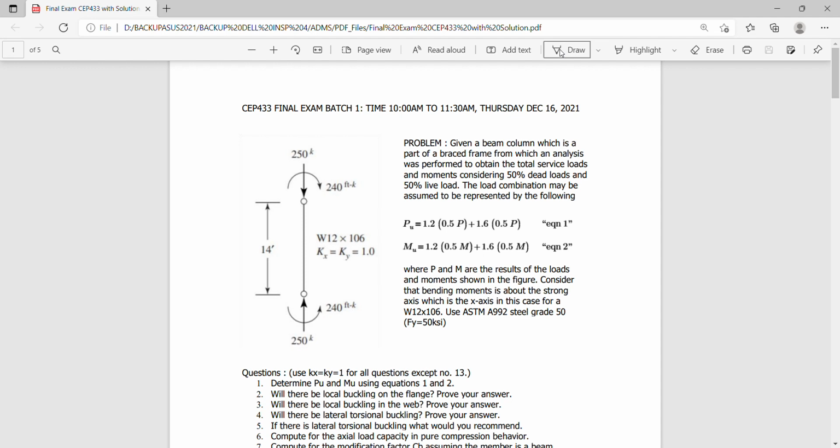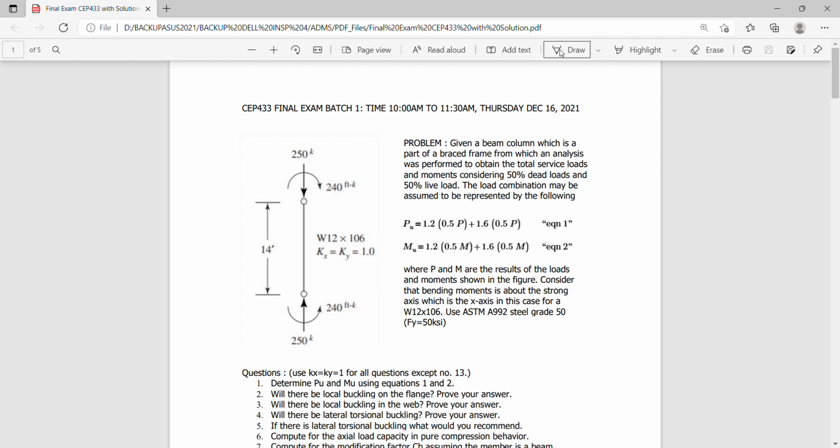So the problem is actually a braced column from which the forces were drawn from the analysis, and the values of the forces, the loads and the moments are in terms of the total service loads.